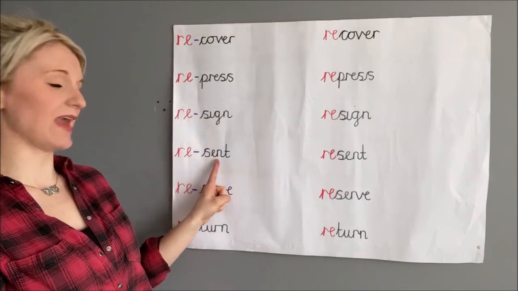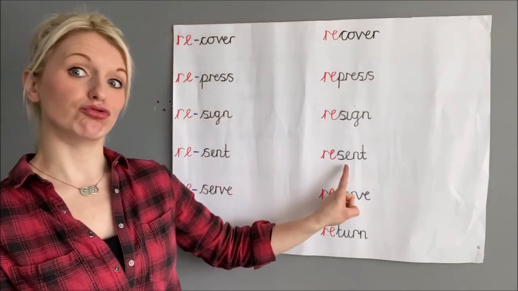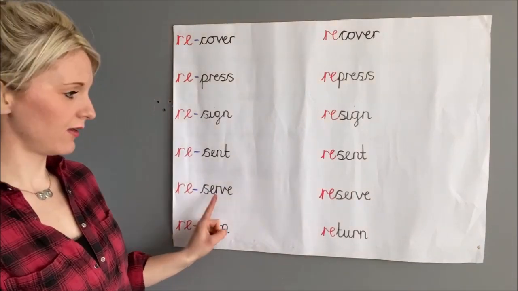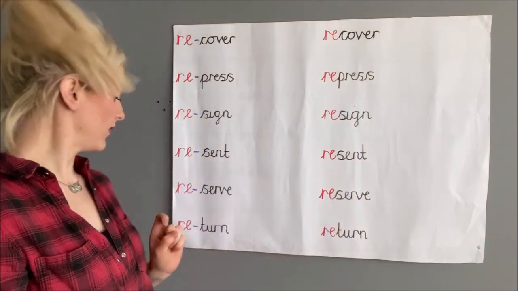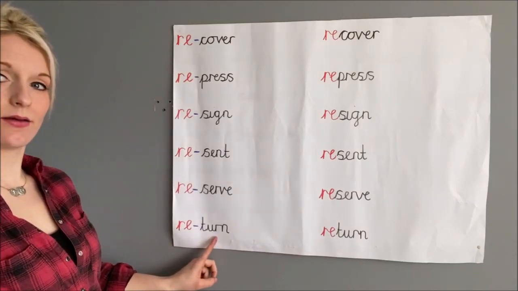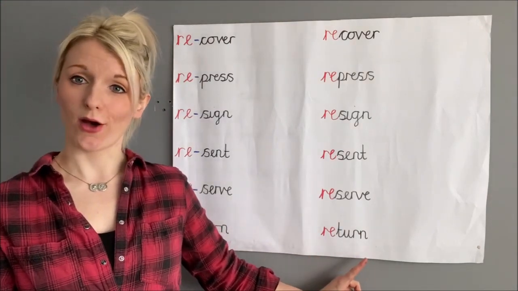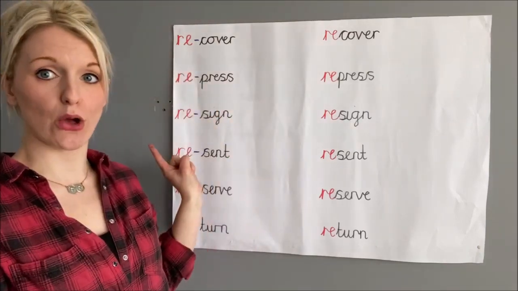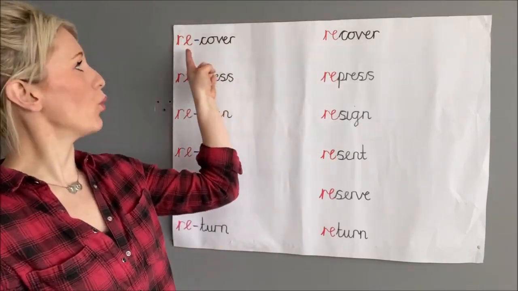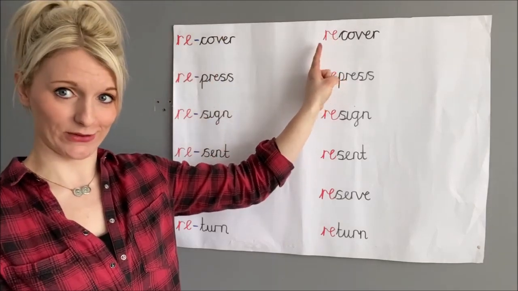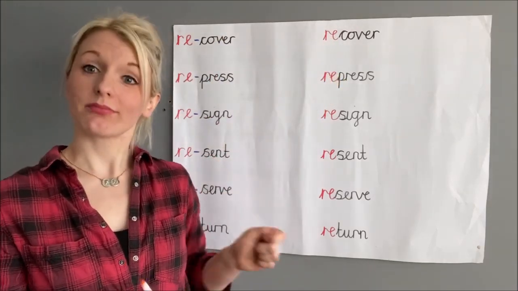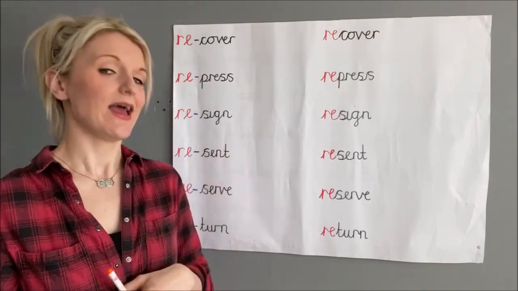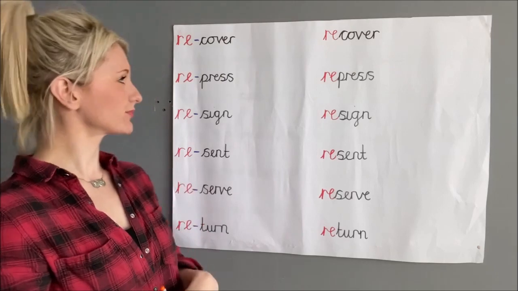You've got re-sent here, and then you've got resent here. You've got re-serve here and reserve here. You've got re-turn and return over here. So your challenge is to write a sentence for each of these words to show how their meanings differ with and without the hyphen. Once you've had a go at that, unpause the video and I will reveal for you what you could have written as your sentence.